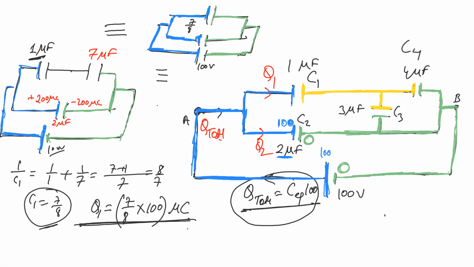So in series combination, we know that the equivalent capacitor as well as the individual capacitors get the same charge. So this will also get 700 by 8, this will get minus 700 by 8, this will again get plus 700 by 8, and this will get minus 700 by 8. So as you can see here, it will be coming like this. Any doubt, anyone, any difficulty in this?